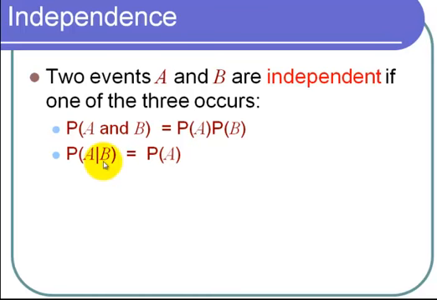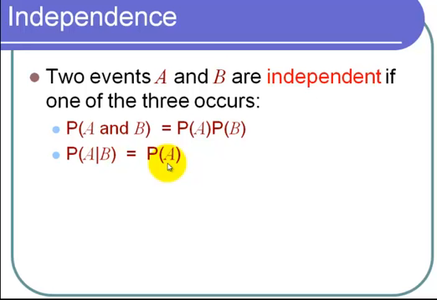If B is flipping a head and A is, say, rolling a 6, then the probability of rolling a 6 after knowing that you just tossed a head is the same as just the probability of rolling a 6, because tossing a head doesn't give you any information.